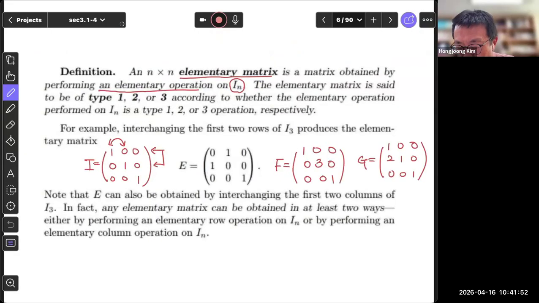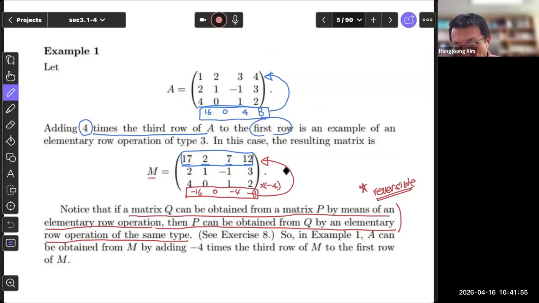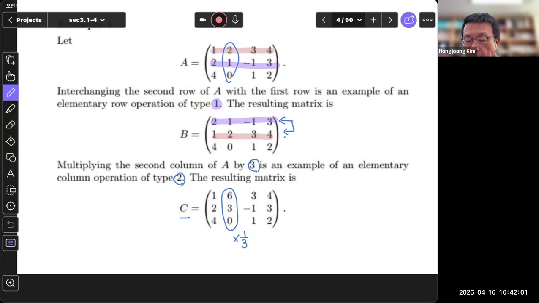Let me go back to this example here. B is obtained from A by interchanging the first row with the second row, right? So if I perform the same row operation on the identity matrix, with rows 1 0 0, 0 1 0, 0 0 1, when I interchange the first two rows, you get an elementary matrix of 0 1 0, 1 0 0, 0 0 1.